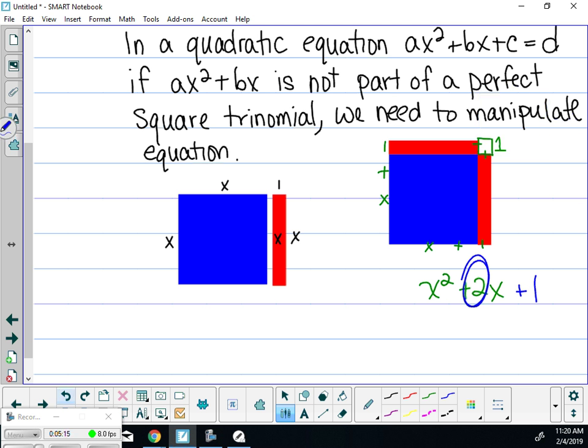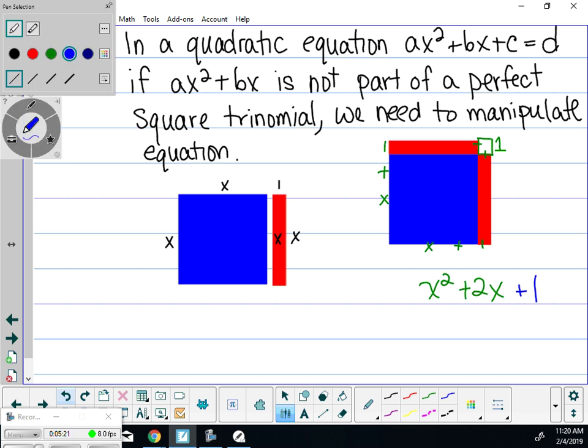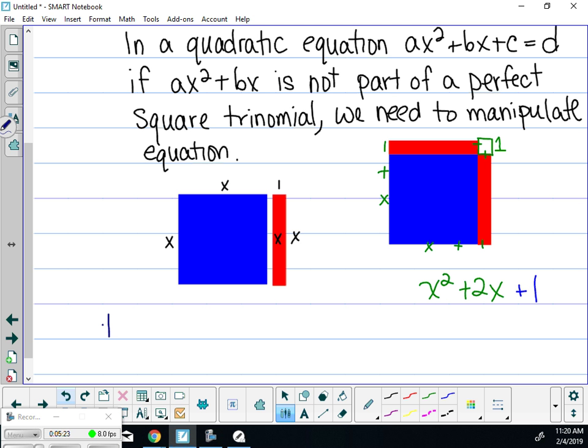So the formula to complete the square: ax squared plus bx.